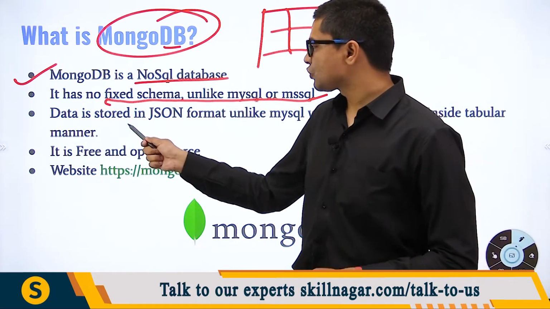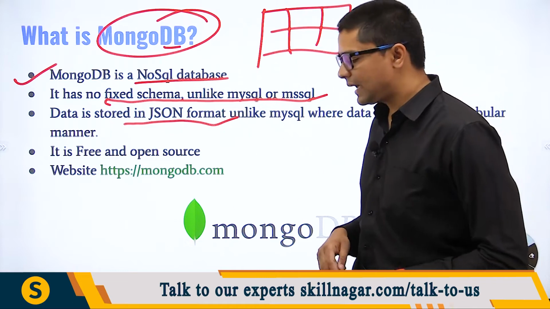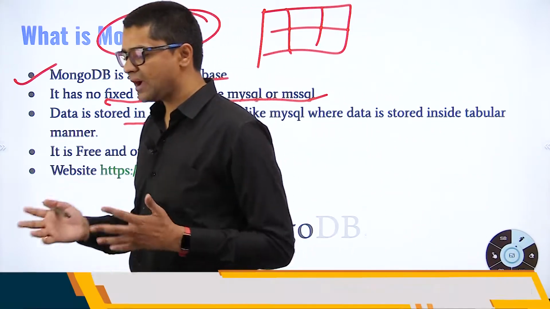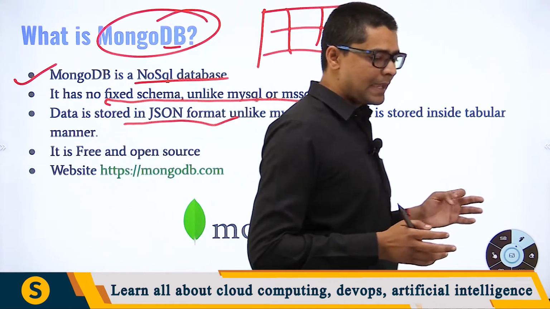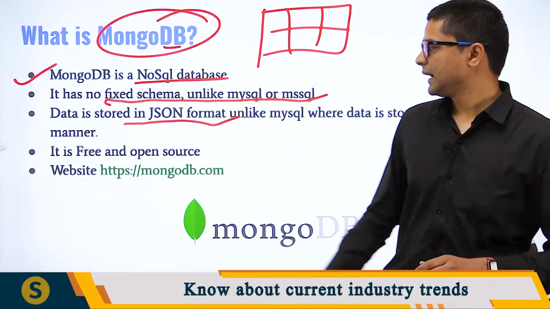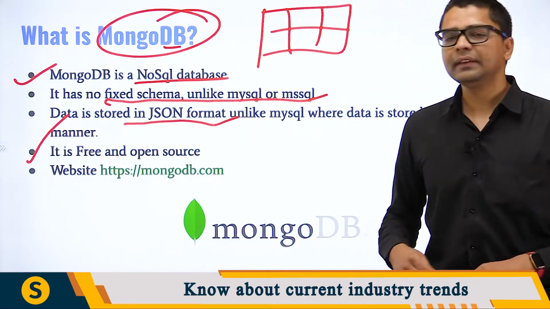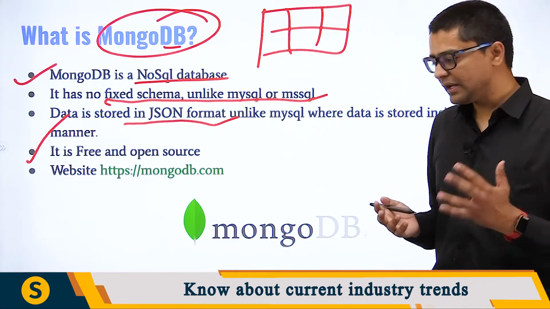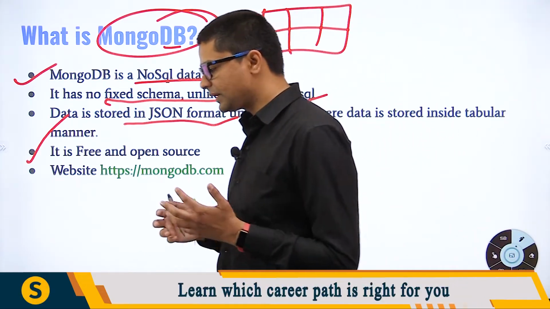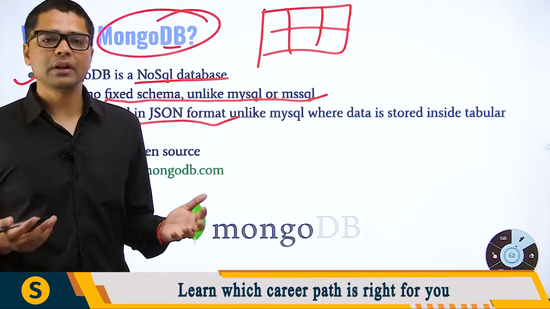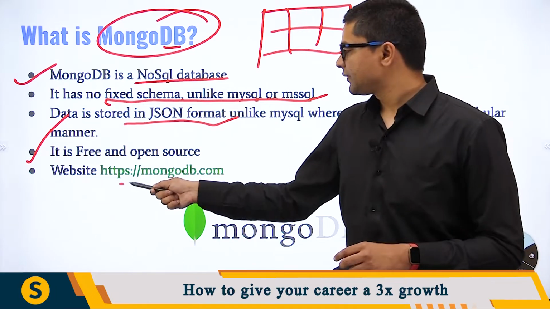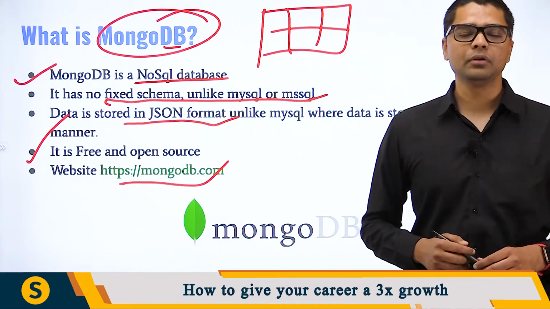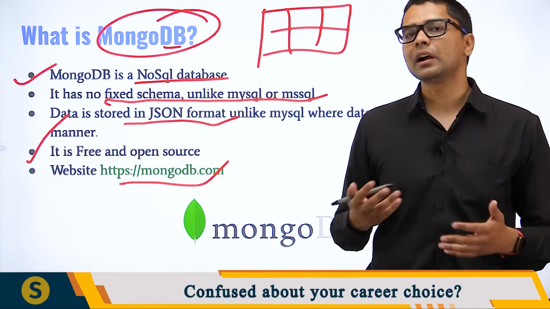Secondly, the data is stored in JSON format, unlike the structured format we have in relational databases, which you can consider as MySQL. And finally, it is free and open source. So this gives us the opportunity as an individual to actually get into the technology and start using it. And if you'd like to learn more about MongoDB, this is the website where you can go and start learning about it and how you can start using it.